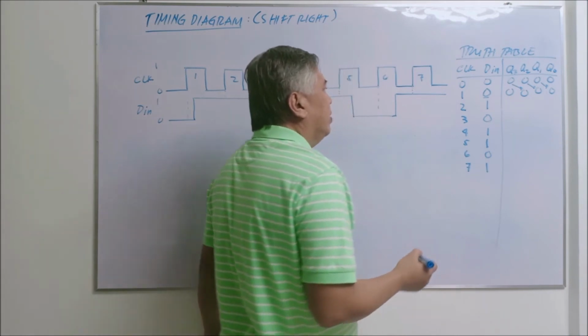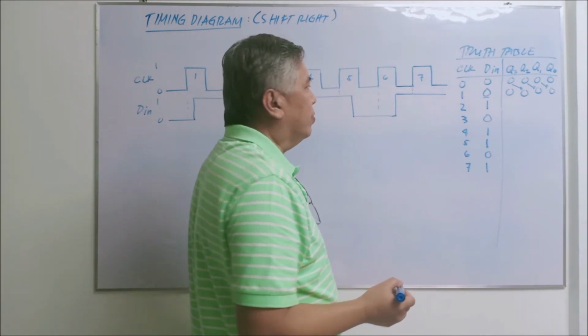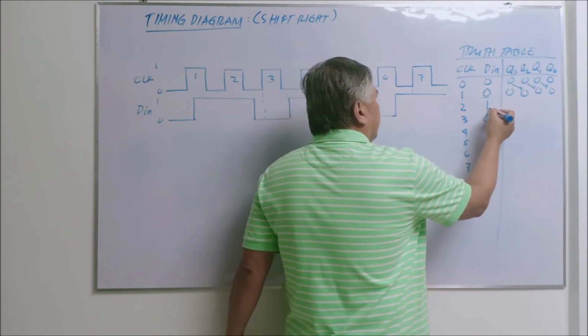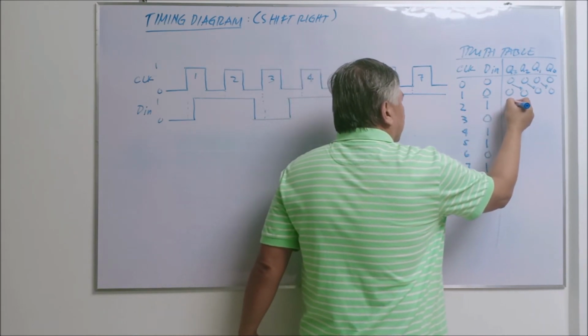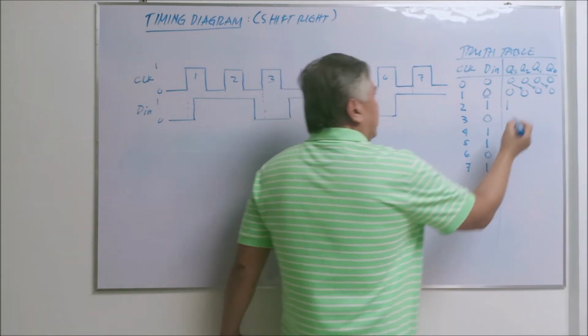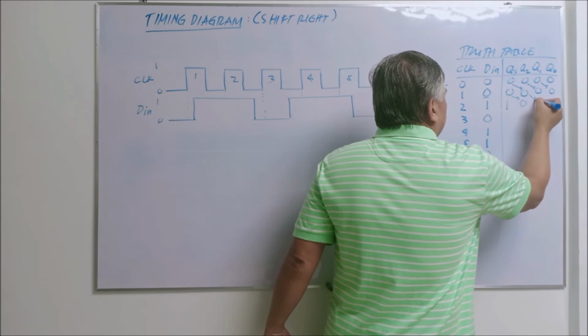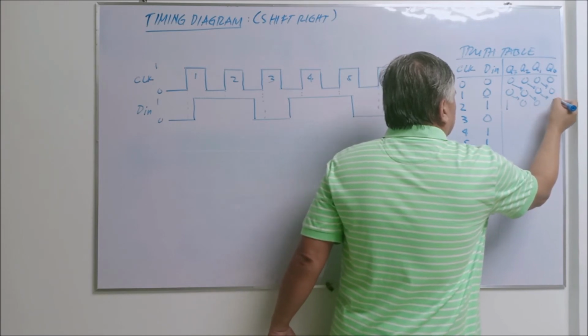So that will be your output Q. On the second positive edge triggering of the clock, your D input is 1, so this becomes the value of your Q sub 3. And this one here will move to the right: 0, 0, 0.